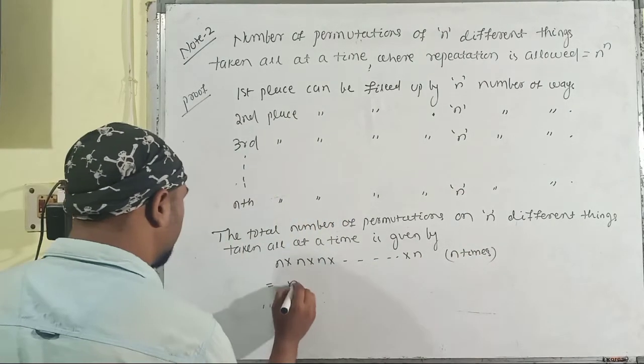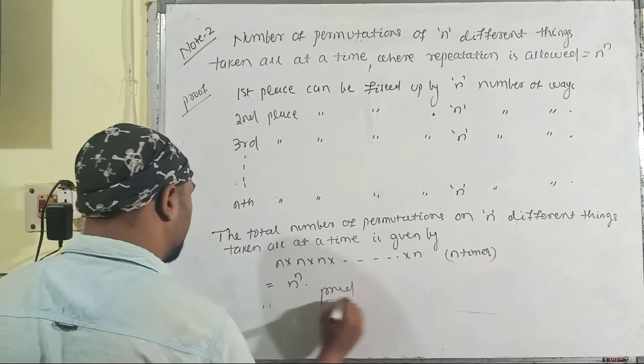That means the result is n to the power n, and here it has been proved.